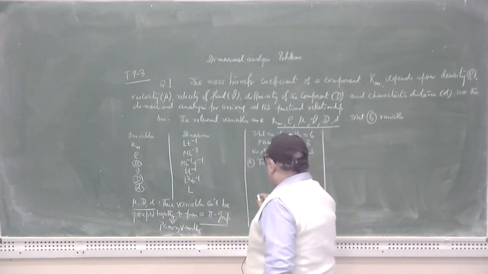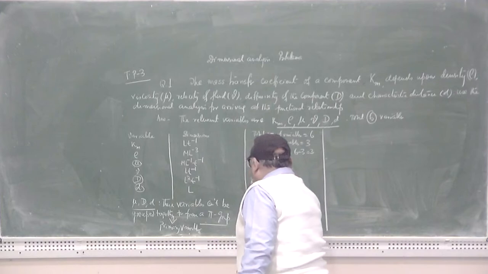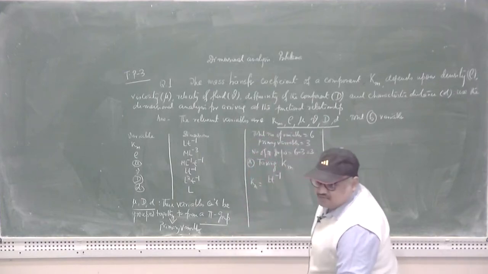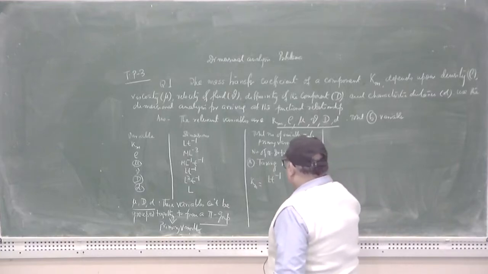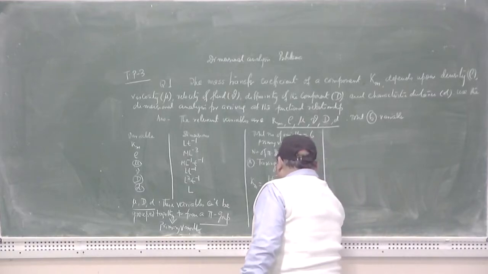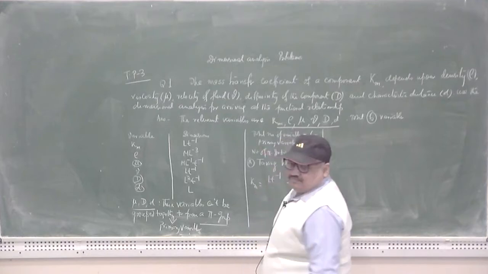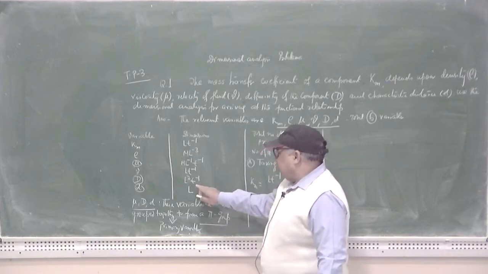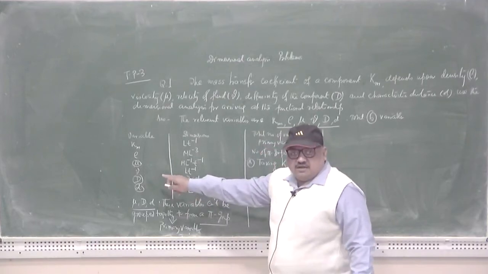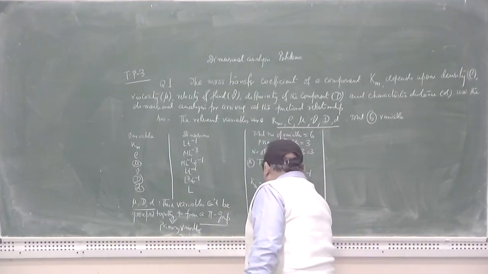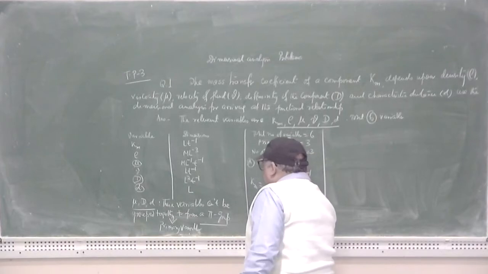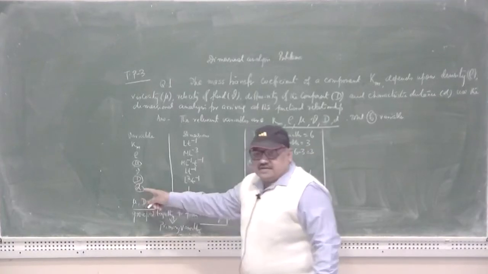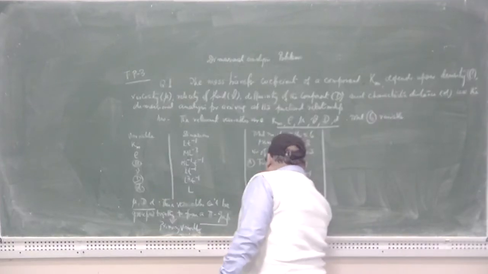What is the dimension of km? Km has the dimension L t raised to the power minus 1. That can be further written as L square t to the power minus 1 divided by L, is it not? L square t to the power minus 1 stands for the dimension of the diffusion coefficient, so this is D. L stands for the dimension of the characteristic distance, so this is d.